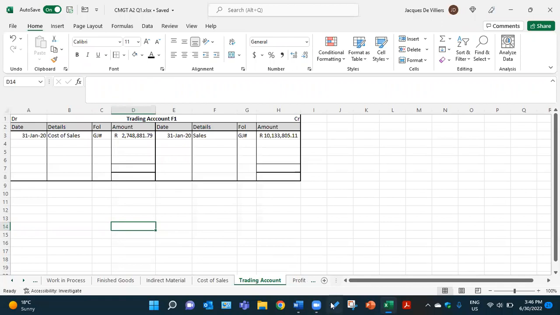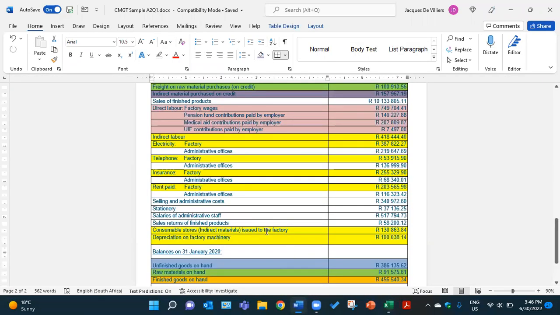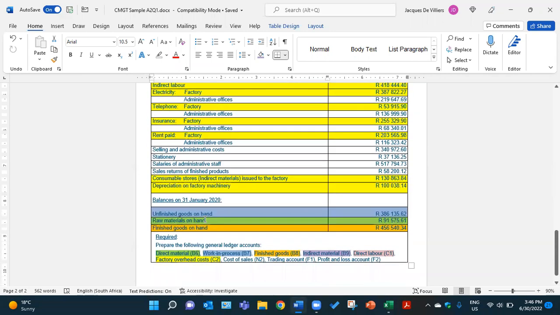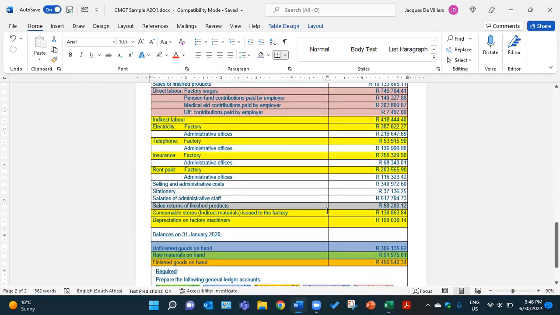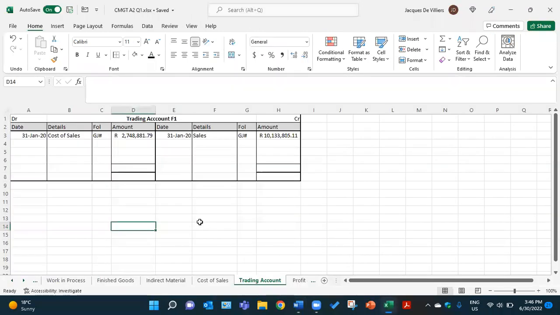But you will also see here that there was a sales return. Where is that sales return? Sales return of finished products. So somebody brought back product that they bought to the tune of 58,000. Now there are two ways you can do it. You can say here your sales, and next to sales in brackets say the 10 million minus that 54, or you can do what I did.